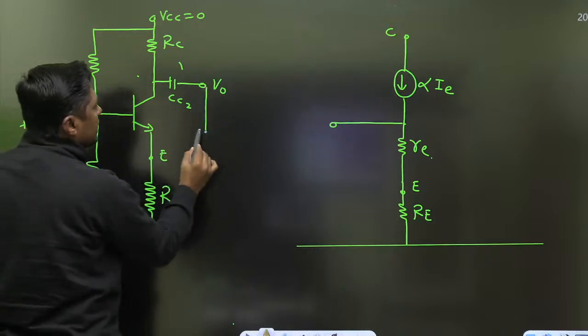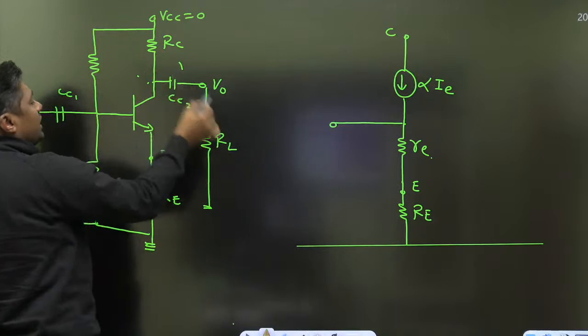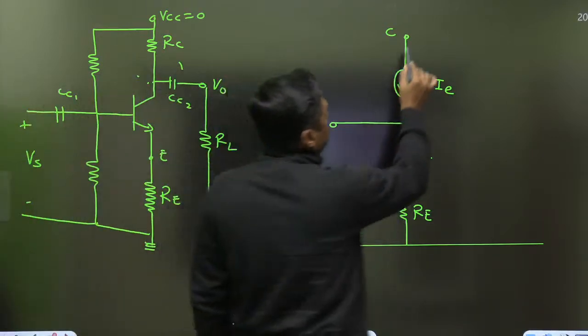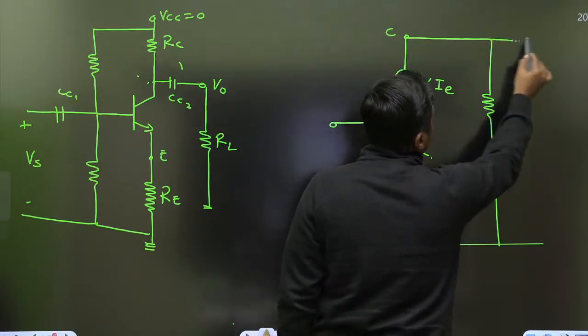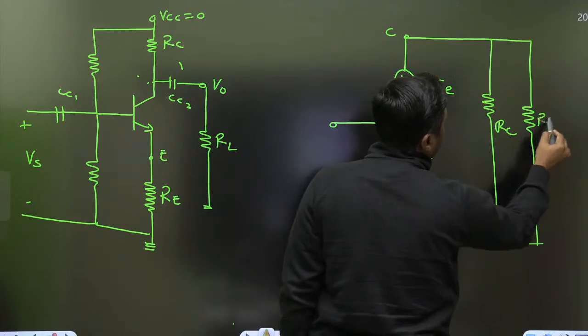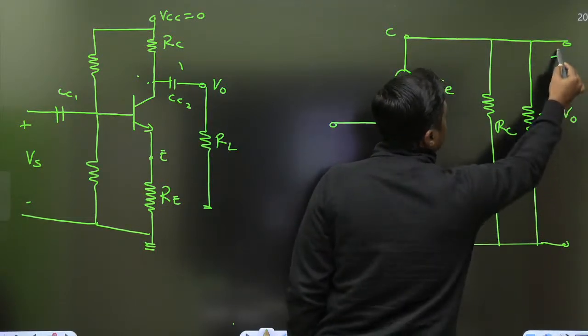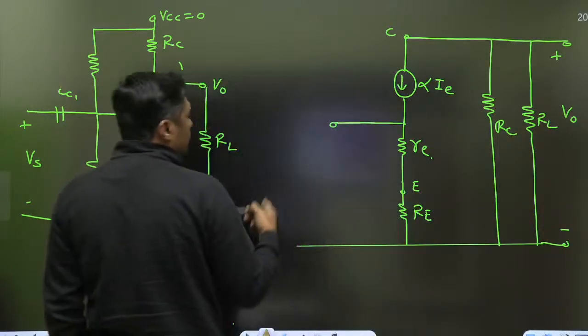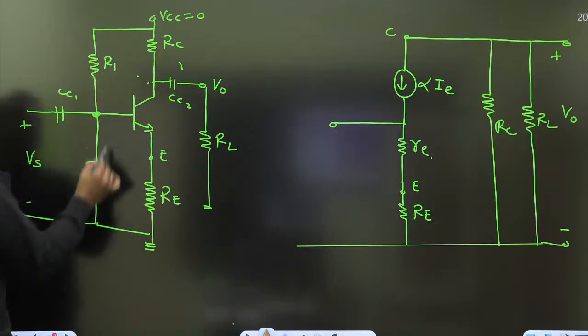If RL is connected here, yes, consider it. RC is connected, RL is connected, both are connected in parallel, and that is the V naught. Here, from base to ground, this is the base, this is R1, this is R2.